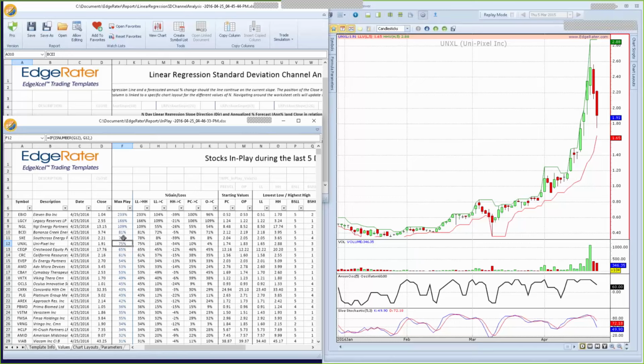Unipixel, we picked that one up already on the linear regression template, so these reports will pick up similar things just because of the nature of what they're looking for. In this case, we're looking for a 5-day change, and the other report was looking for a 3-month regression, which qualified. This qualified as one of the steepest regression channels over 3 months.